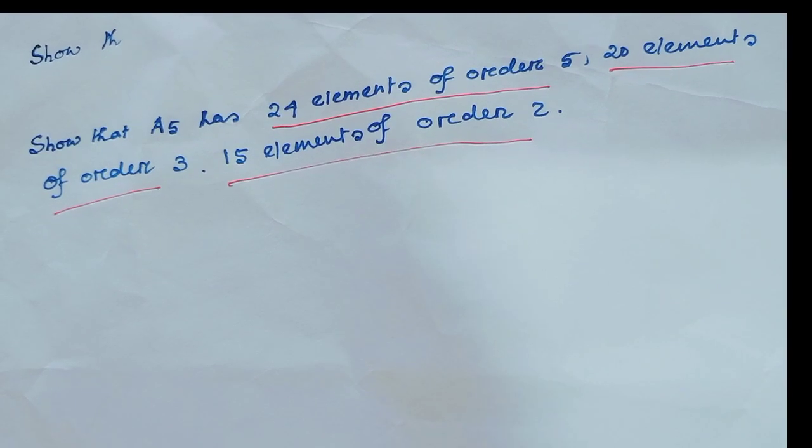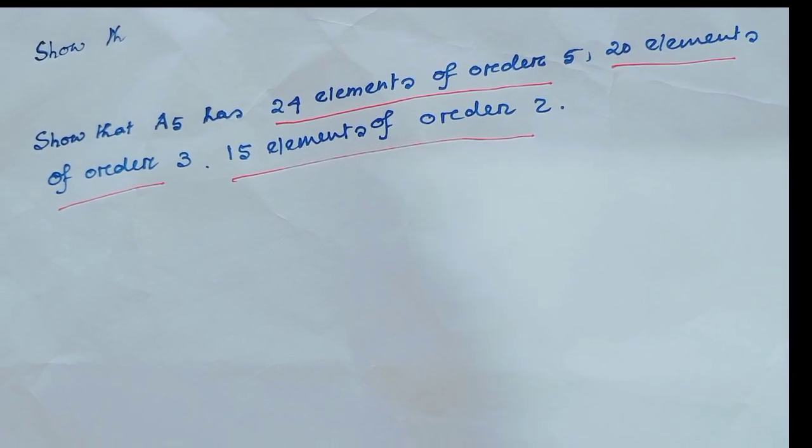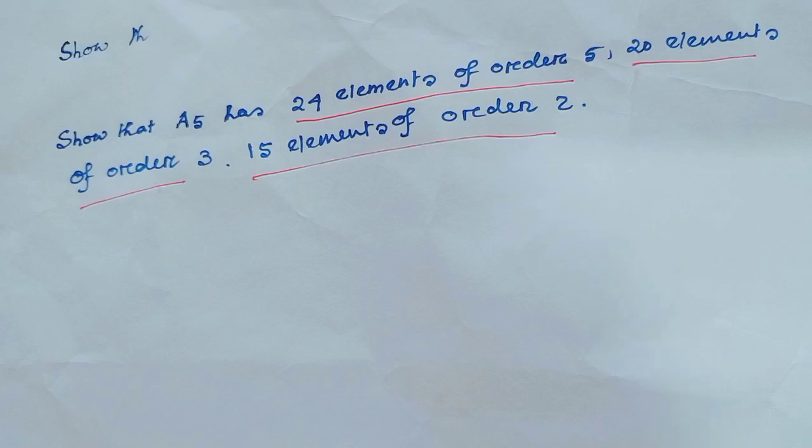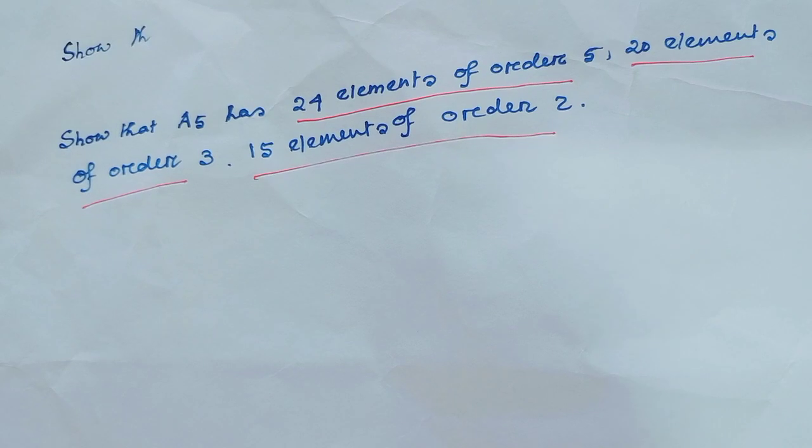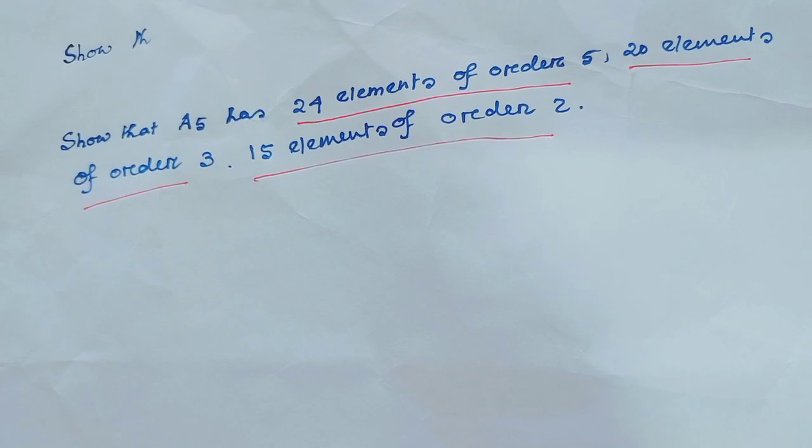clearly, because if you know the construction clearly, then you will understand any group, any subgroup in a better way. So, today's topic is, at first I will see what the construction of the A5 group looks like.